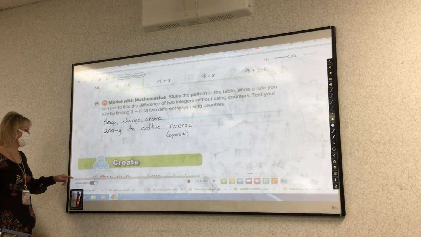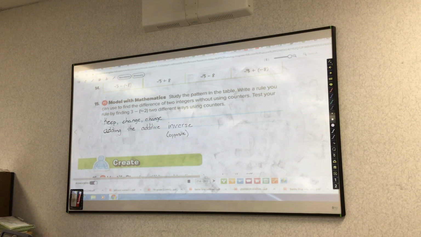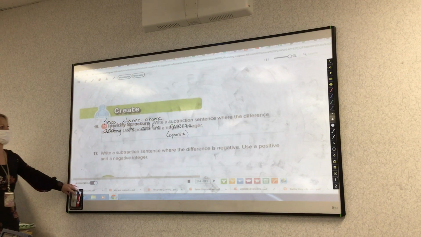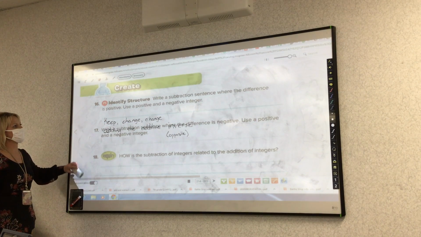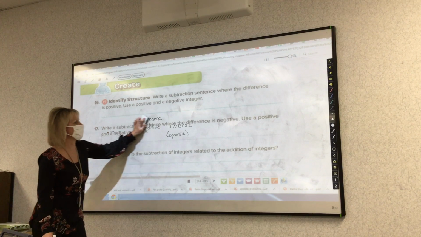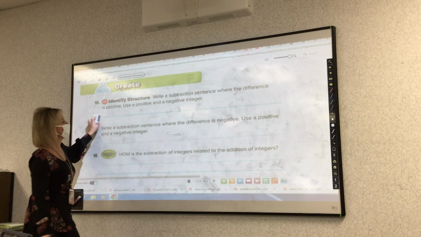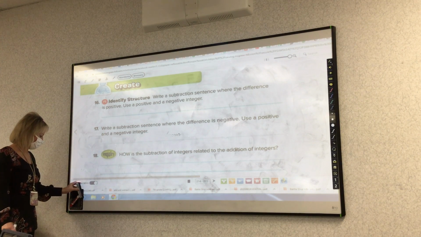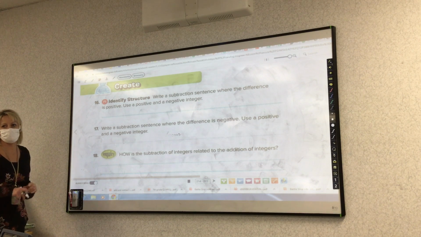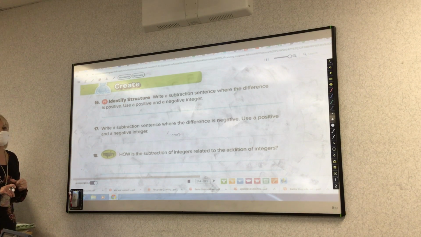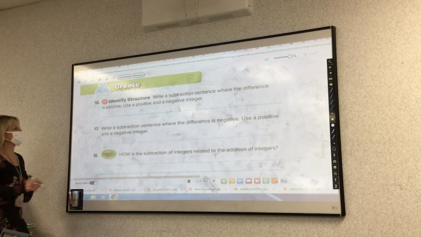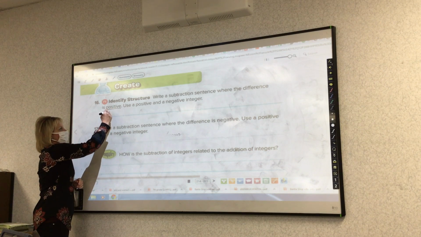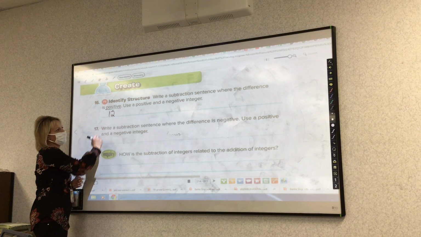So then let's look at a couple of examples below. We're asking us to create something. It says, write a subtraction sentence where the difference is positive. Okay, so my difference has to be a positive number, but I have to use a positive and a negative number. So let's just start with a big positive number.